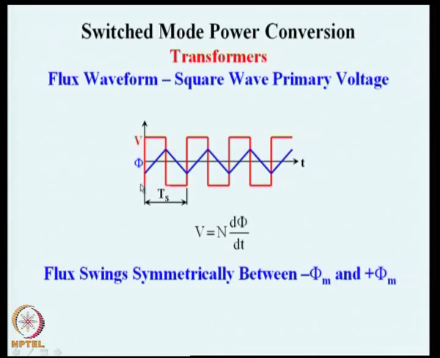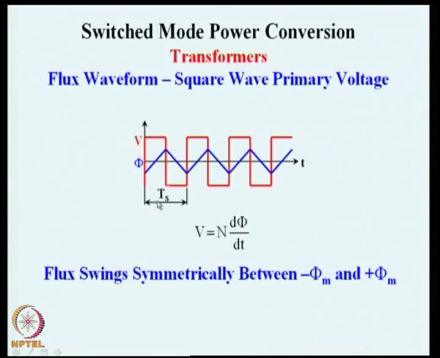So, under steady state, when a square wave voltage is applied to the transformer primary, the flux in the core will be a triangular shaped waveform. Here we have taken the frequency of the voltage excitation to be 1 by Ts.